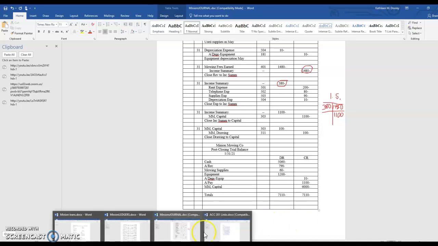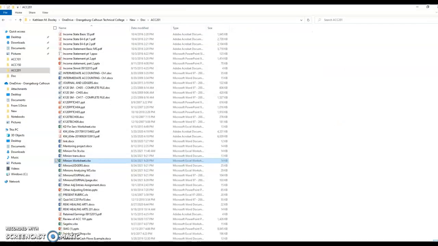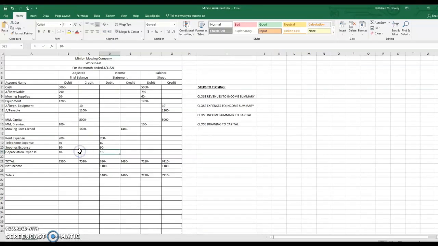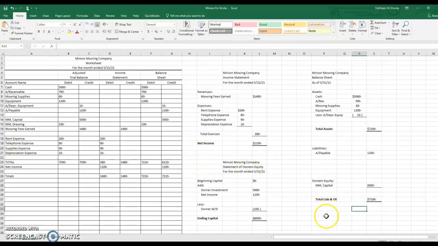We also want to double check, make sure, is this capital the same amount as our ending capital from the statement of owner's equity? So if I go back to our financial statements, our ending capital from the statement of owner's equity is 6,000.